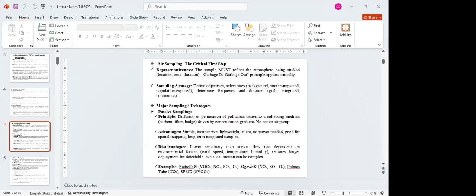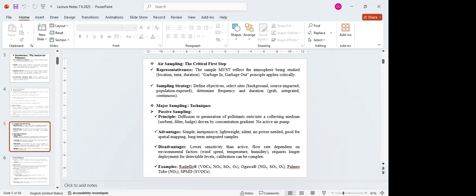So compare that area to when you get to government house area, where there are no abattoirs, there are no slaughterhouses, and there is no market activities there. So one, the strategy will differ based on your defined objectives.